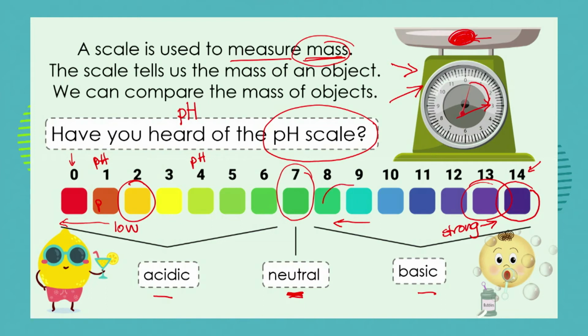We can touch it or taste it, so it has a lower pH, but still on the basic side of the pH scale. Now, in high school, you're going to learn a lot more about the pH scale, and it's a very interesting way of determining the chemical nature of a particular substance, dependent on whether the substance is acidic or basic.